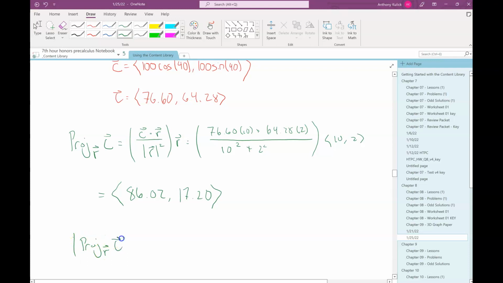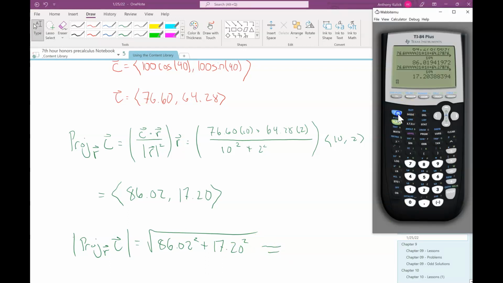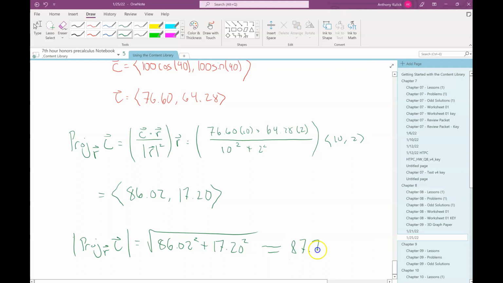So the magnitude then is all I need left. So 8772 pounds up the ramp.